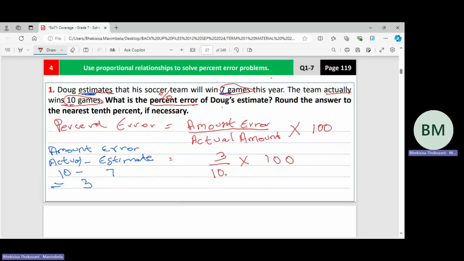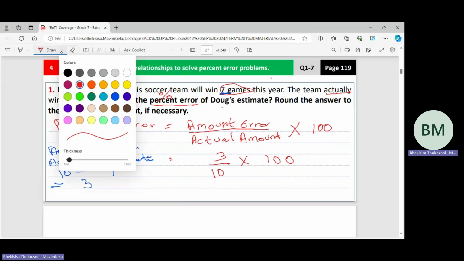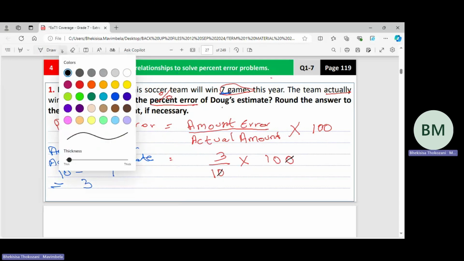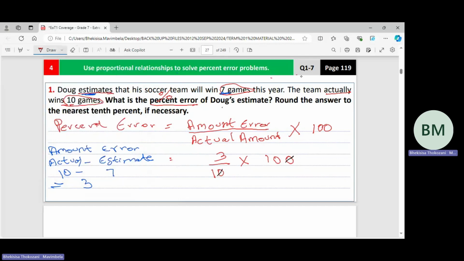So what we can do here, we can cancel off whatever we don't like. Remember the zeros. So this 0 can cancel off with this 0 here. So that's out of the way. Now we can just do our simple math. 3 times 1 is 3, and then you bring down the 0 here. So you have 30. And therefore, your percent error is 30%.